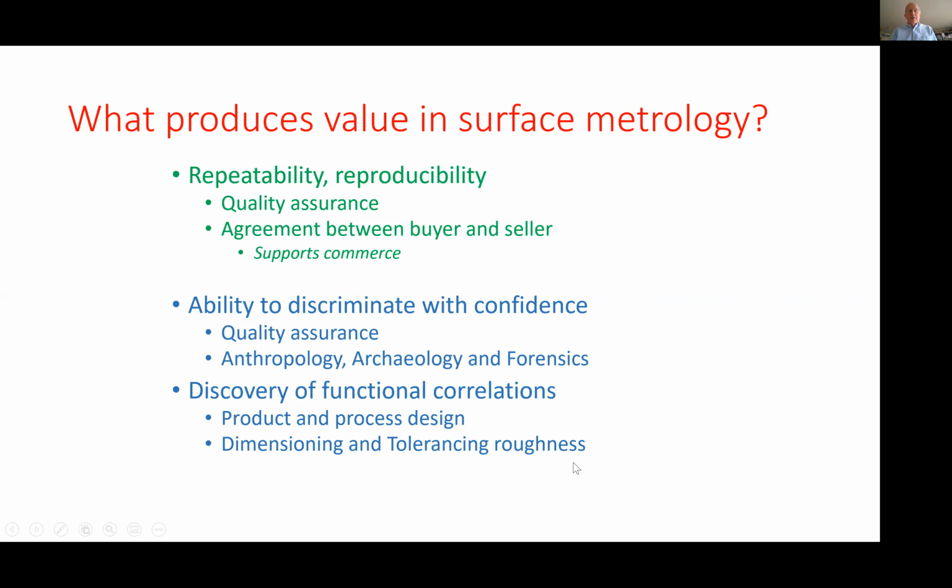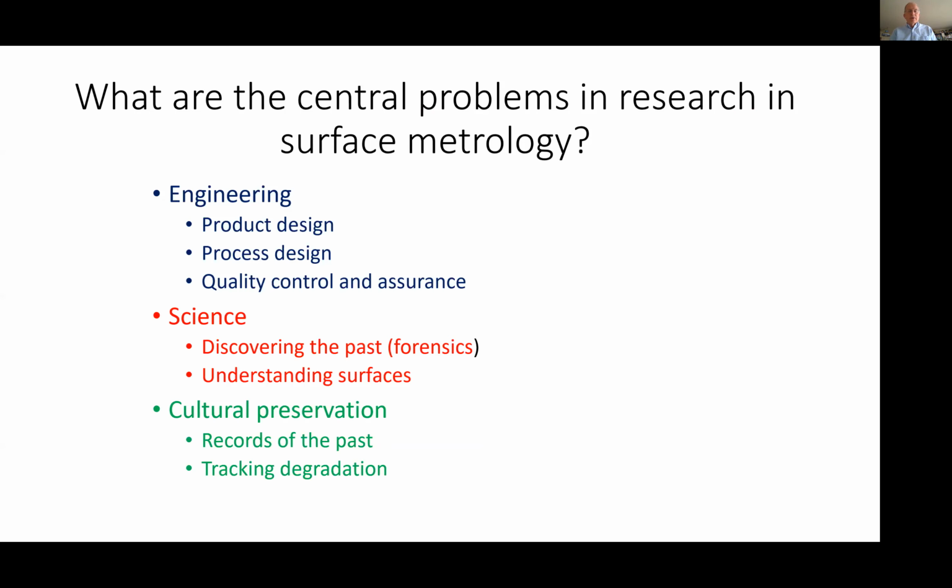So central problems in surface metrology. Okay, so we've alluded to this in engineering, and I'll talk more about that. Science, discovering the past, but understanding surfaces in the sense of the physical sciences as well. And cultural preservation. So records of the past.